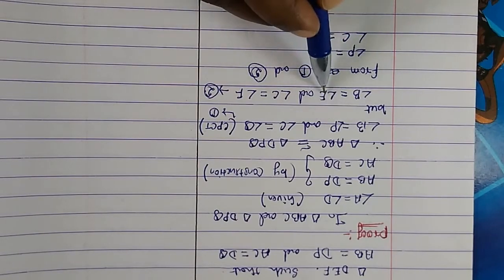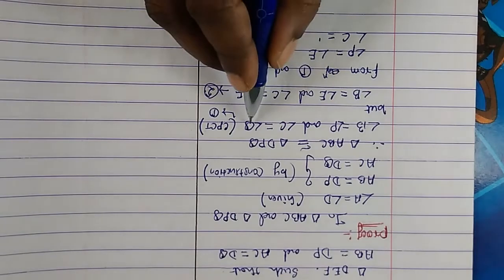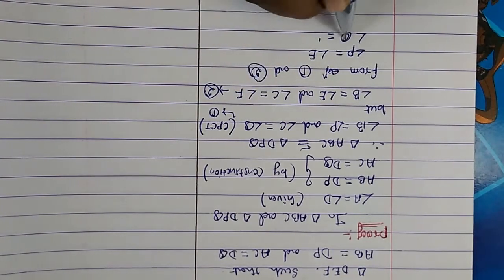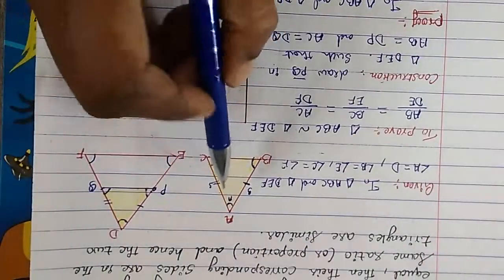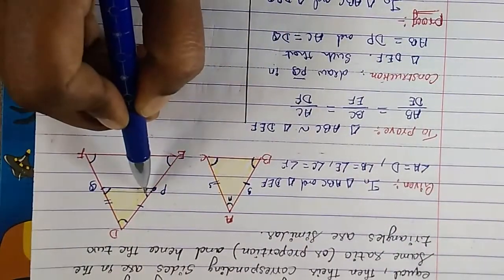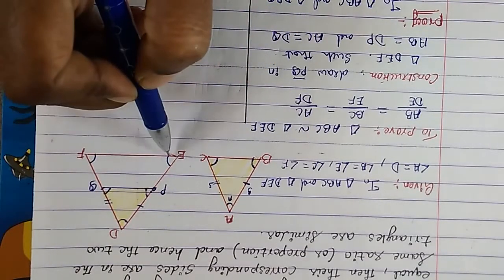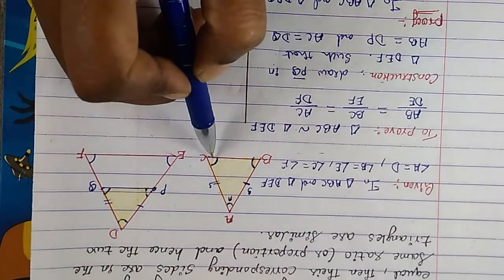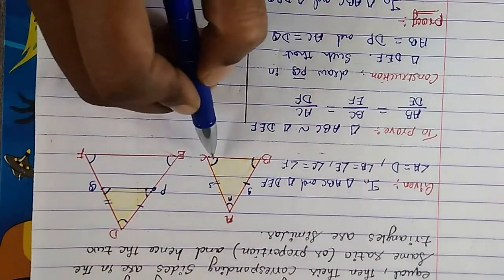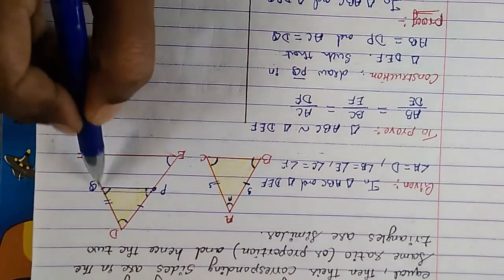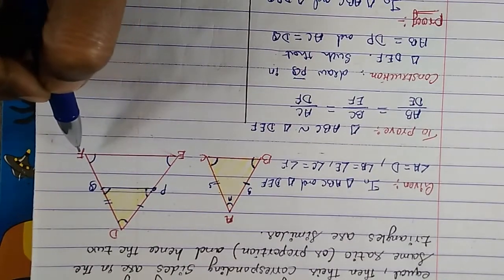So angle P will be equal to angle E, and angle Q will be equal to angle F. If B is equal to P and B is equal to E, then P and E are equal. In the same way, C is equal to Q and C is also equal to F, so Q and F are the same.